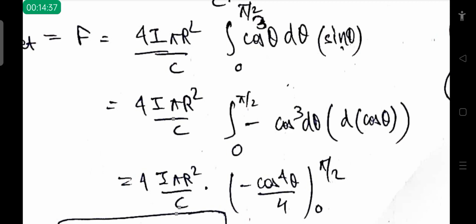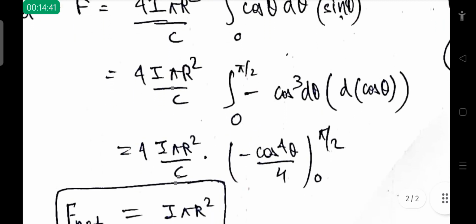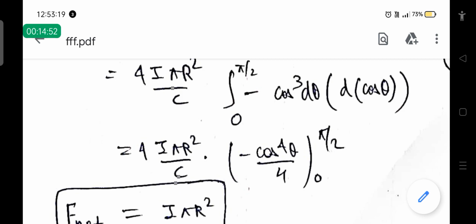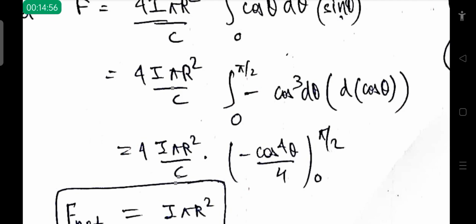So you can assume cos theta is some x, cos cube theta is x cube, so it is cos cube theta into d of cos theta, right?